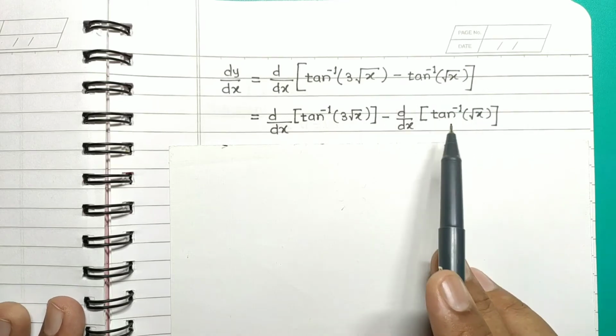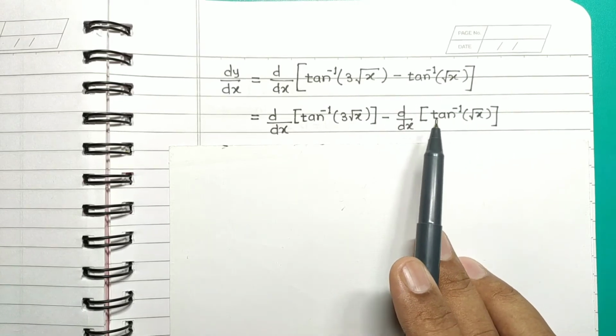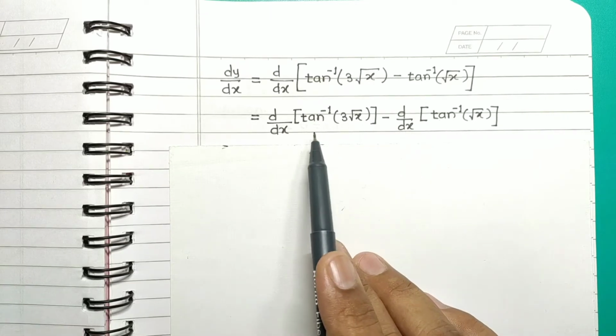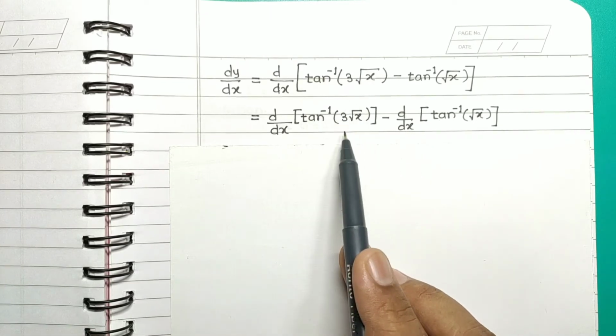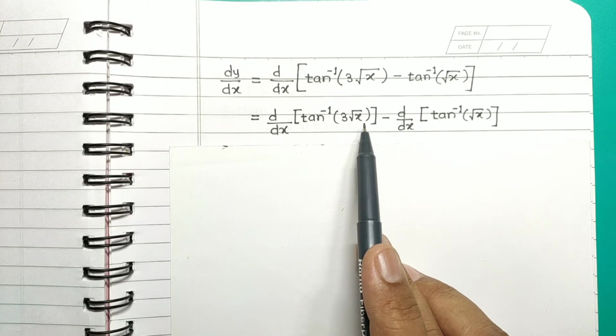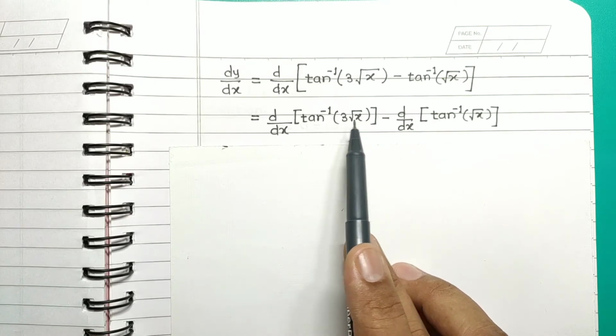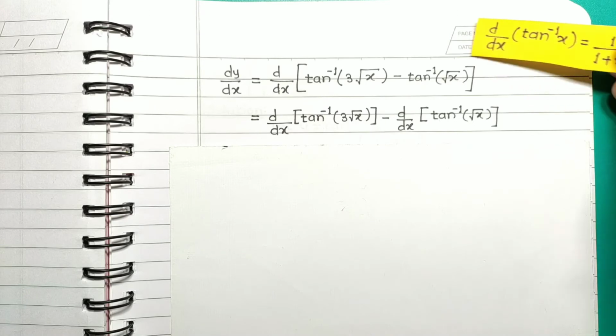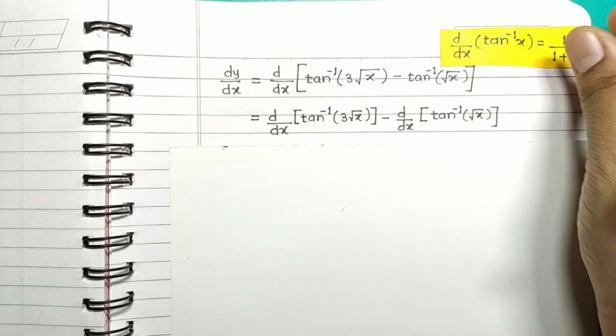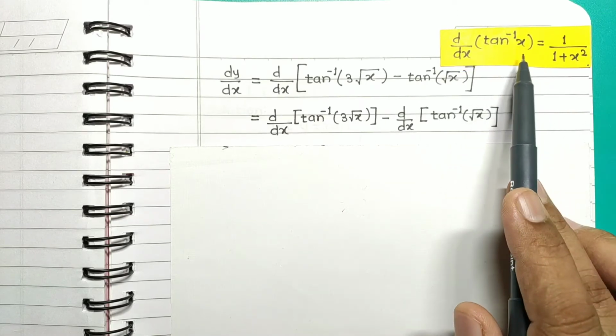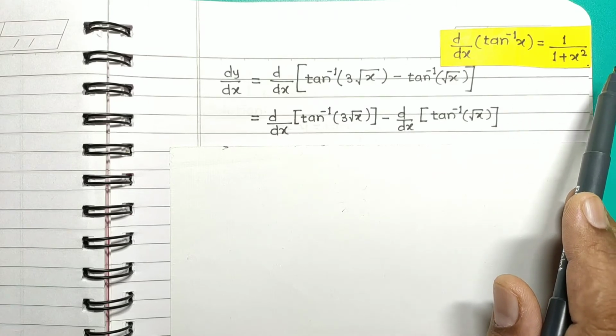Okay, this is by the rules of differentiation. So again here you find this composite function, tan inverse of something. So again here we are going to use the chain rule to differentiate this term, and we are going to use this standard formula. The derivative of tan inverse of x is 1 upon 1 plus x square.